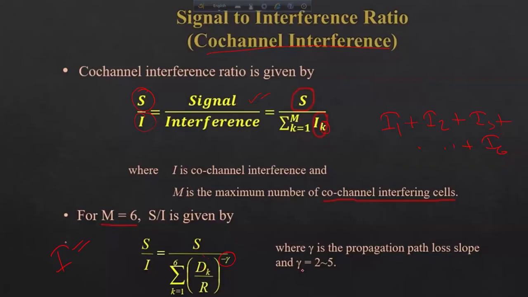So this interference is related to D, and this gamma is the propagation path loss slope. The value of gamma can be considered from 2 to 5. So this is my propagation path loss.